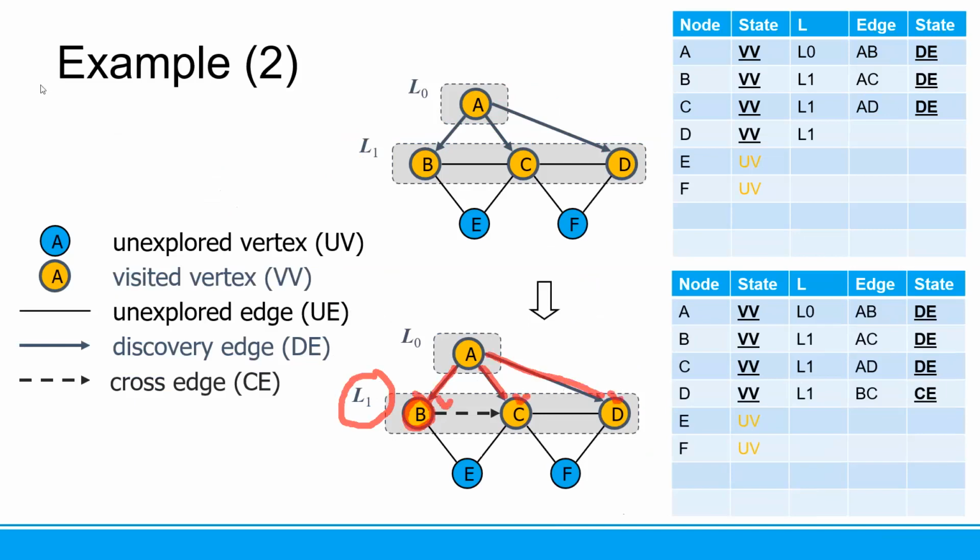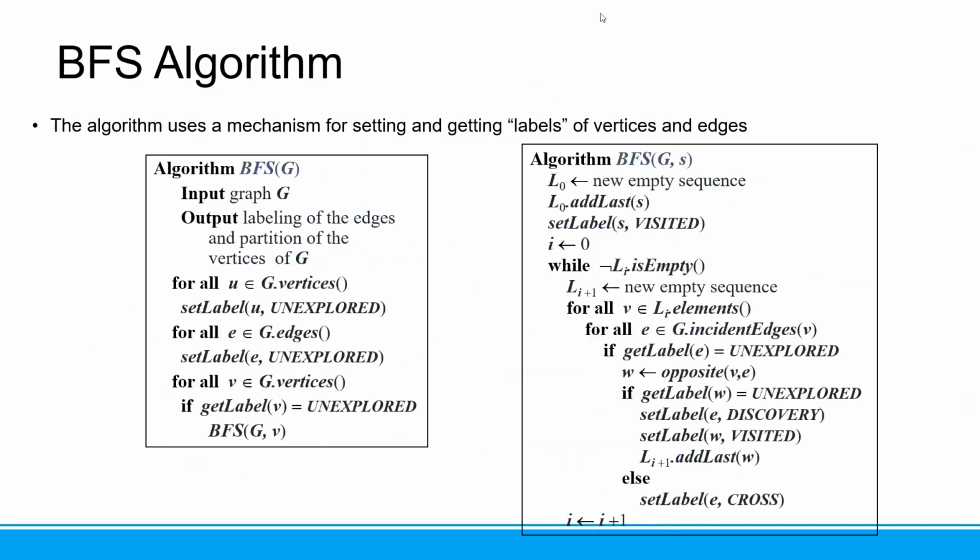If you look at the algorithm, for all edges that are incident edges of the current vertex, because we already finished this one, we go to the next vertex.